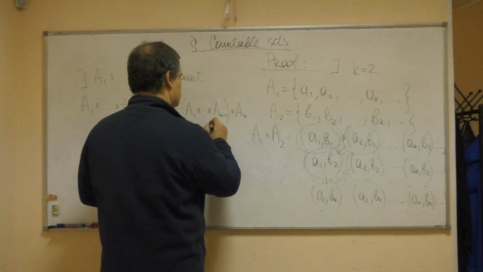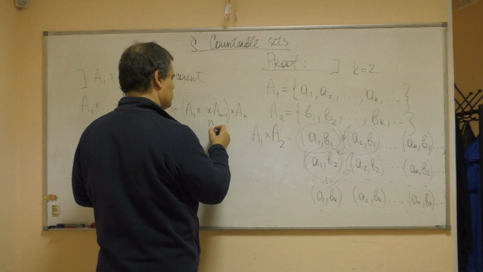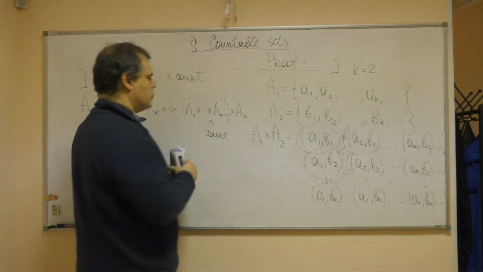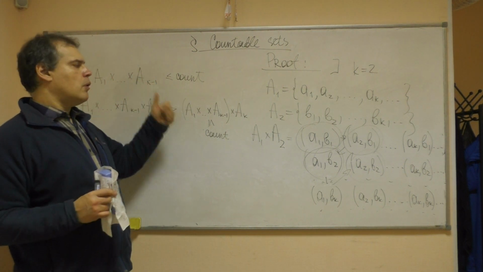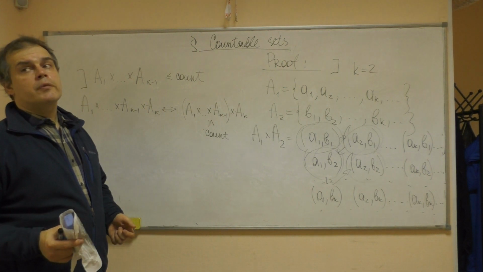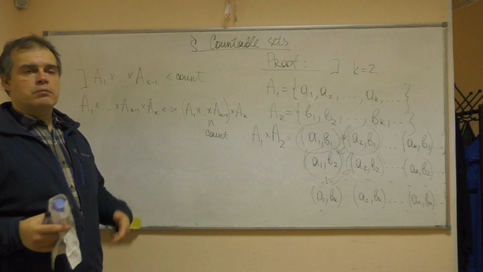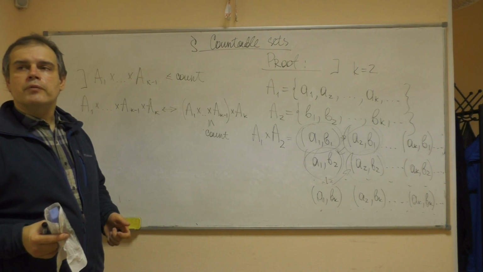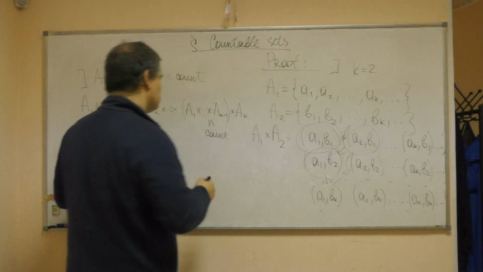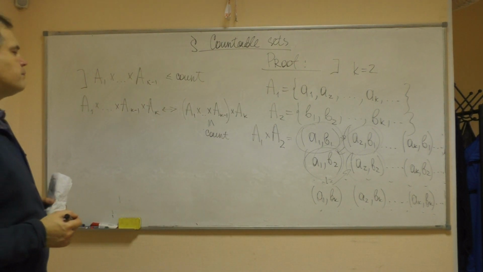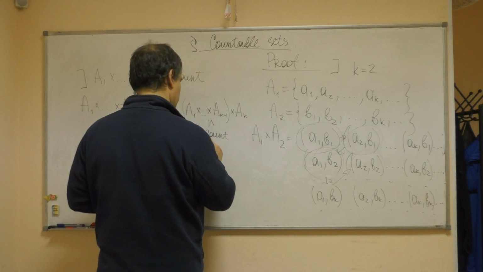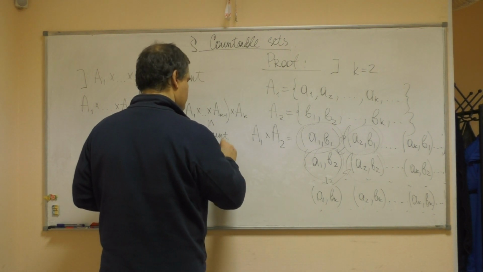And this set is less or equal than countable, because the first factor is countable by our assumption. Product of two less or equal than countable sets is less or equal than countable. We have proved it. So we have proved everything in this theorem.